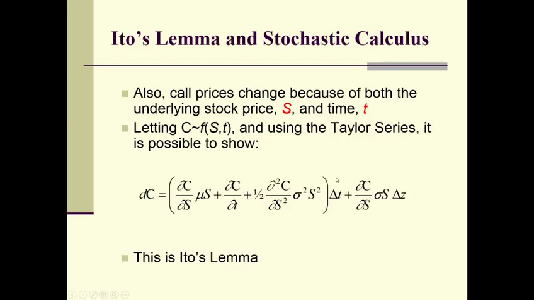Now we look at the change of a call as a function of both stock and time. This is the stock element, and this is the time. Can you see that? You would also notice that we use almost all the variables that affect the value of a call. We have stock, we have volatility, we have everything. So this is Ito's lemma.